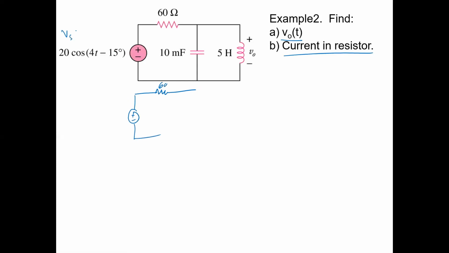This is our source, our VM, our theta, and our omega. So we've got a 60 ohm resistor, a capacitor, and an inductor.